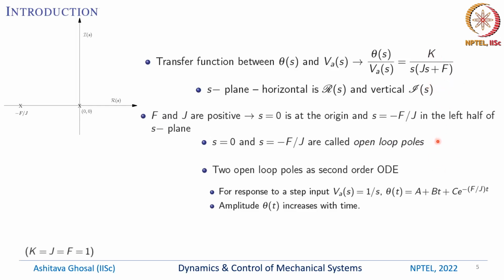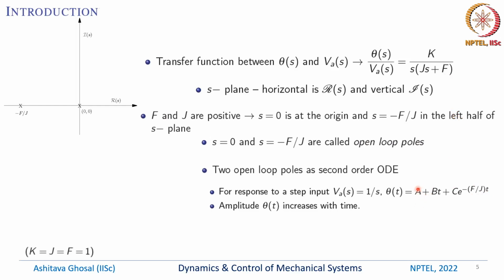The constant term is basically something like a over s. The term which is coming from 1 over s square is b into t, and the term which is coming from 1 over (js plus f) will be c e to the power minus f by j into t. So we will have three terms.